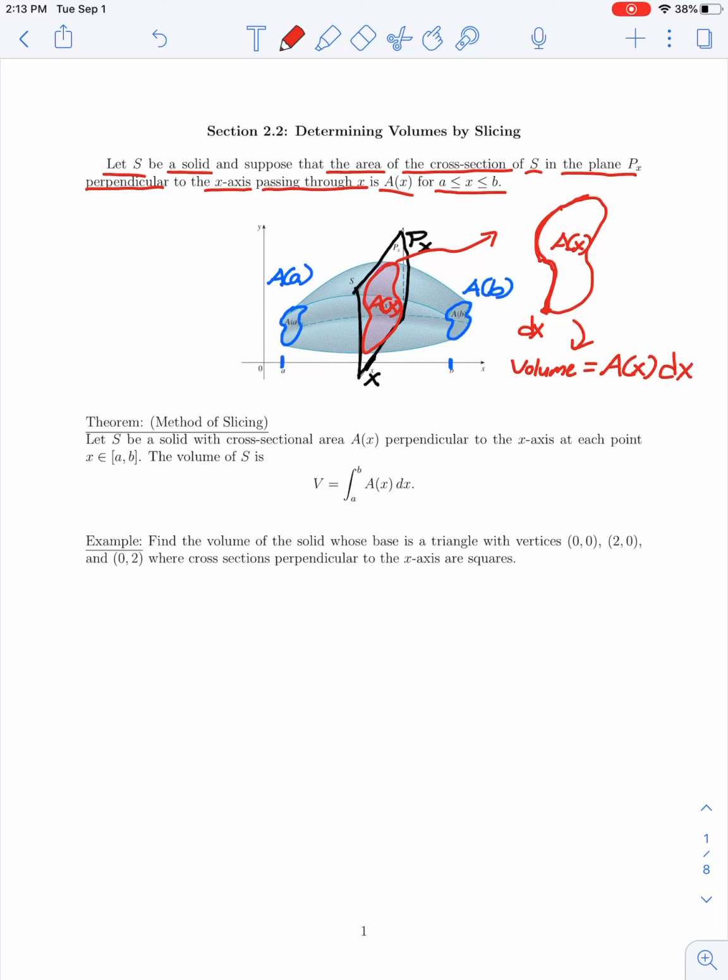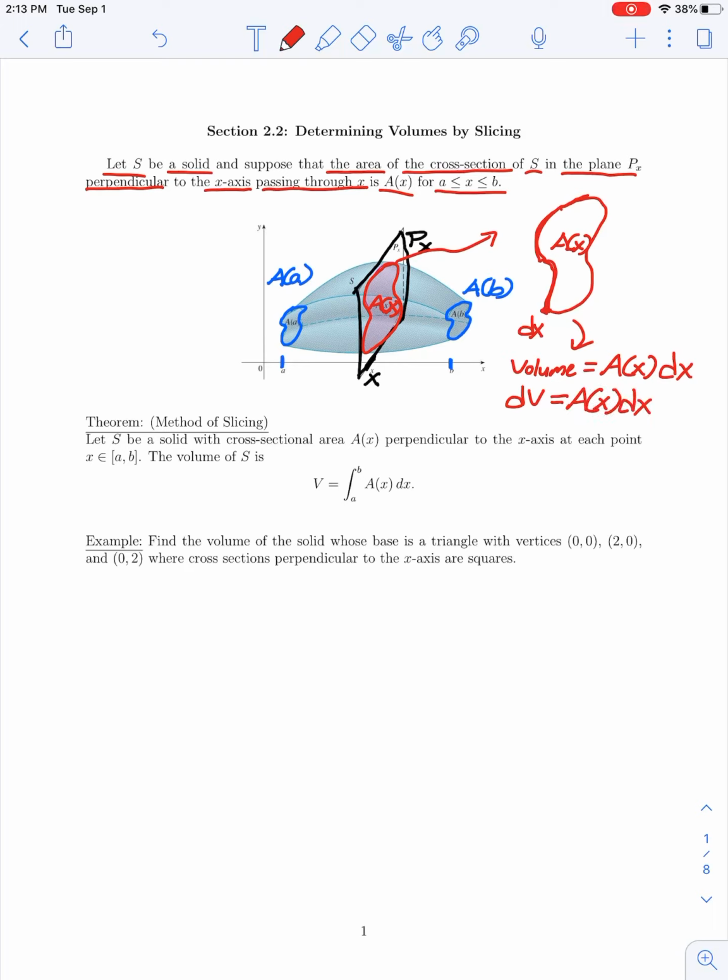In this case, the thickness of that slice, which is dx. So this volume of a particular slice or cross-section of my solid, I'm going to refer to as a differential of the total volume, V, that I want to find for this solid. And so here it's given by A of x dx.